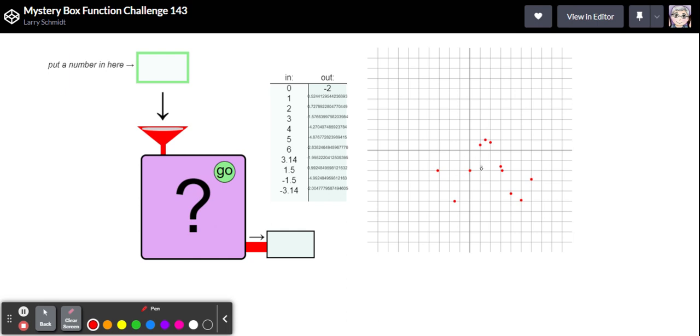But let's figure out what trig function this actually is first. So let's think about that. On the unit circle, remember we have an angle that we put in, and starting at 0, we reach the point 1, 0, and the cosine is the x coordinate and the sine is the y coordinate.